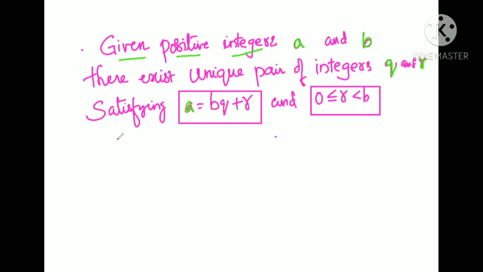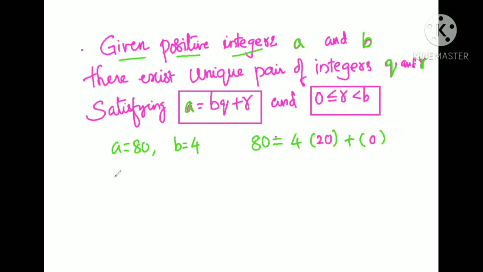I will take some more examples for this. If A is equal to 80 and B is equal to 4, then 80 is equal to 4 into 20 plus remainder 0.